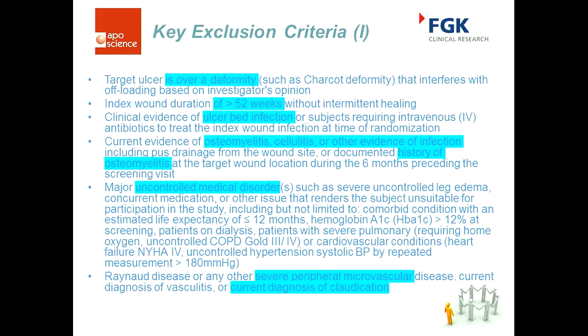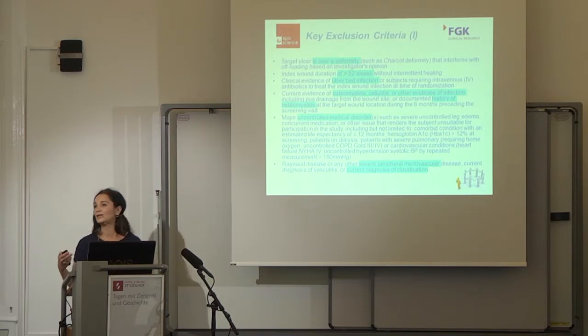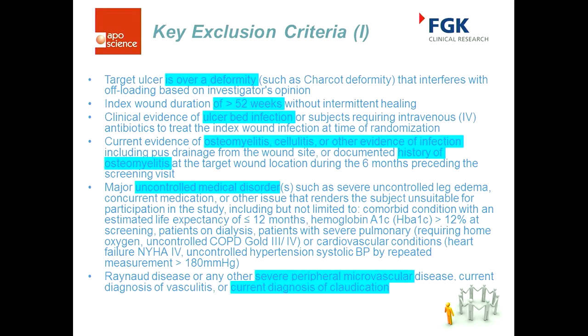Again, it is up to you as principal investigator to judge if a patient is suitable for this study or not. If I have a heart failure patient, even if I say it's New York Heart Association class 2 to 3, but this patient has extensive leg edema, this patient is probably not very suitable. So it's a lot on your judgment of your patient cohort. This is a list of the extremes, but of course we don't want to be too restrictive on these exclusion criteria.